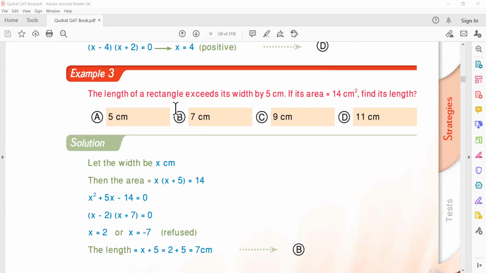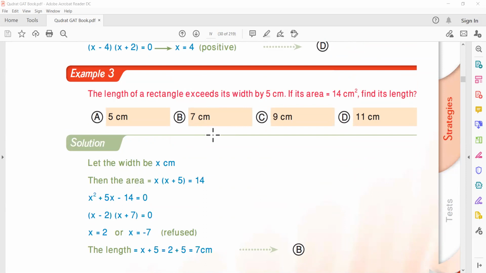Now, example number 3. The length of a rectangle exceeds its width by 5 centimeters. If its area equals 14 centimeters squared, find its length. I have now a rectangle.